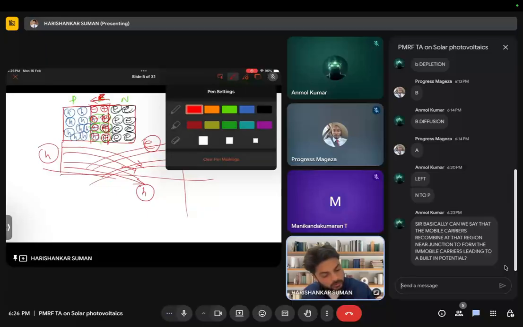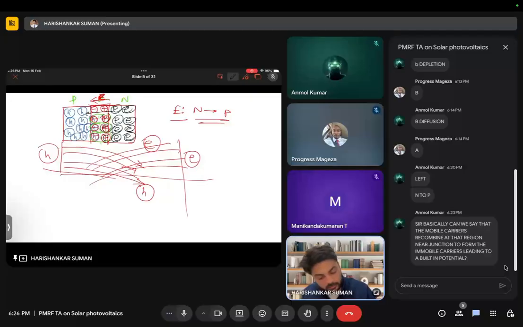This electron now wants to move further, but now the electric field is much stronger and can stop this electron. How? Because the electric field is n to p and the electron wants to go from n side to p side, but the electron feels a force opposite in direction to the electric field.